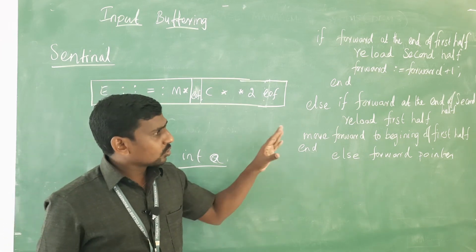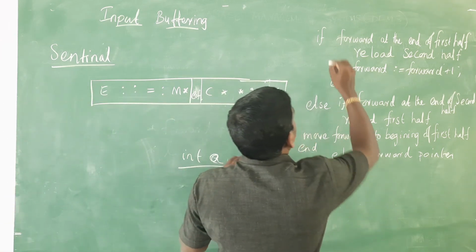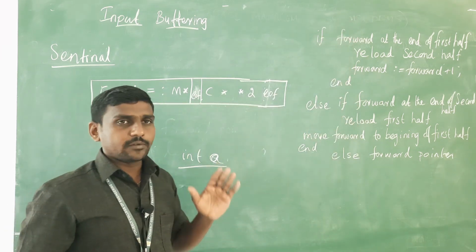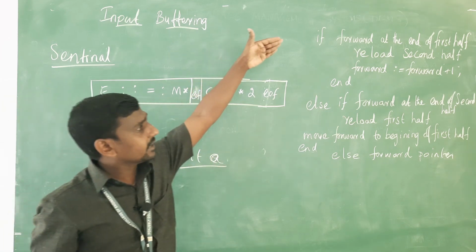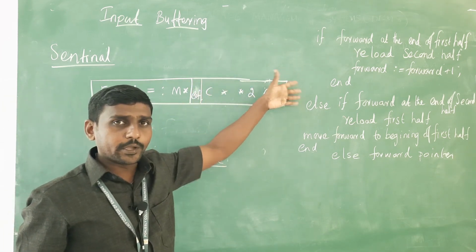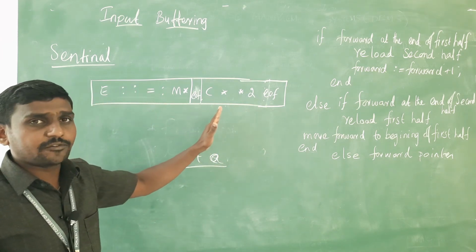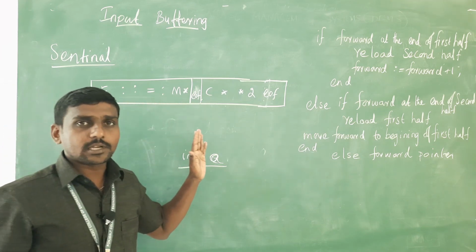So the algorithm differs by just one line. Here, if the forward pointer is not at the end of the first half, then it repeats the same thing, because only if the forward pointer is not at the end of the first half does it go on to match the patterns. Clear?